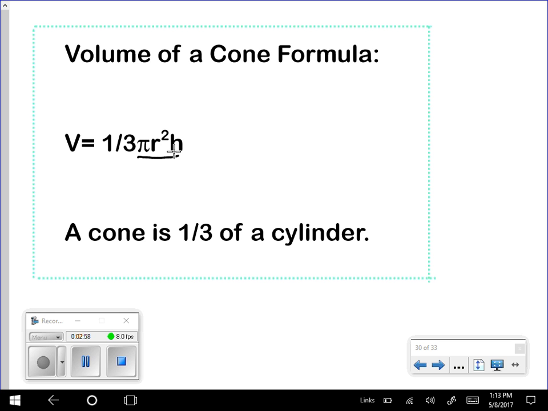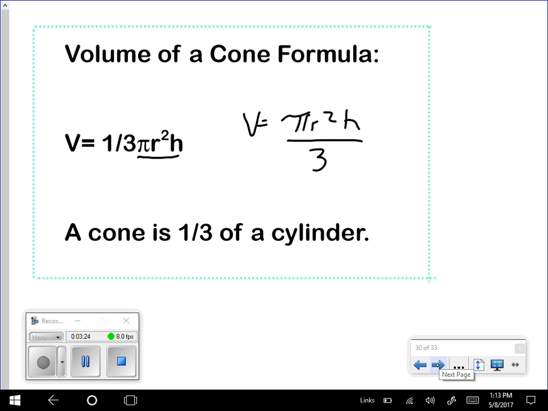It's also on your reference sheet, as many of the formulas are. So when we're working with this, we're basically doing similar pieces to finding the volume of a cylinder, but this time, another way to think of it, is we're going to be dividing it by 3.